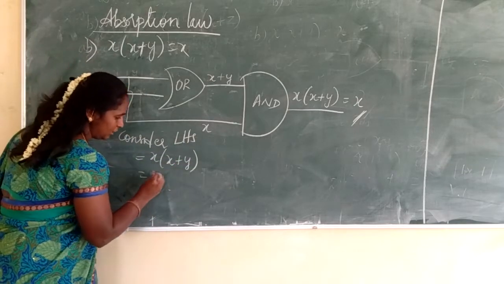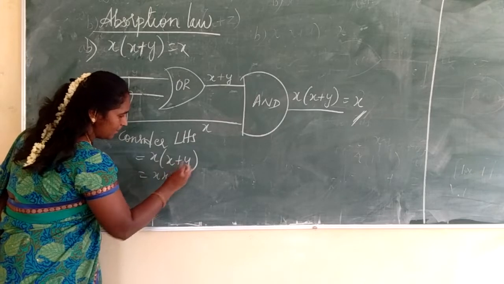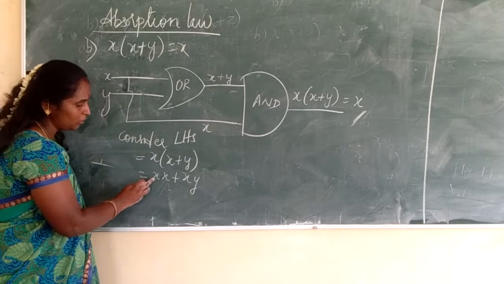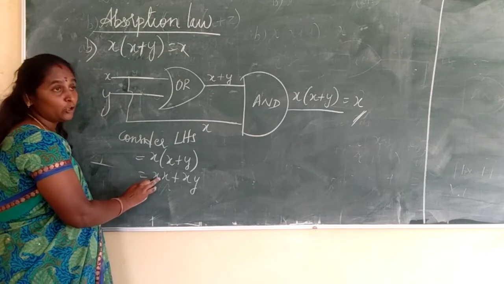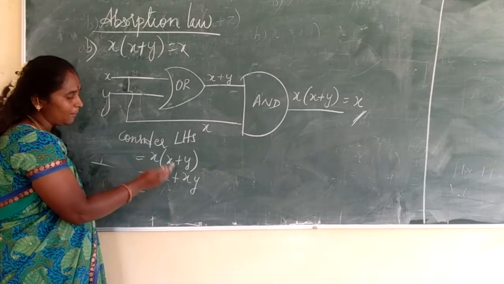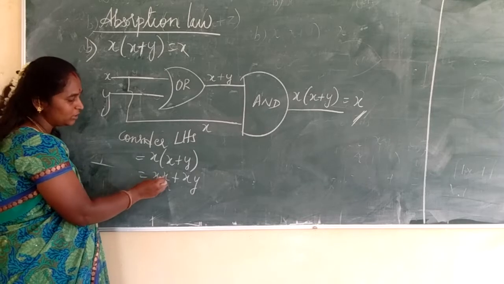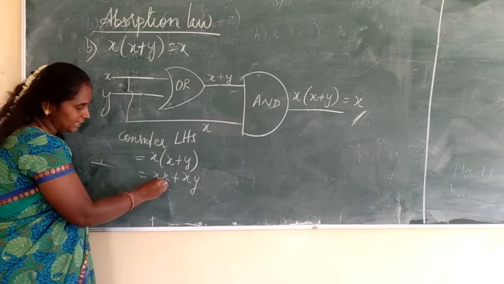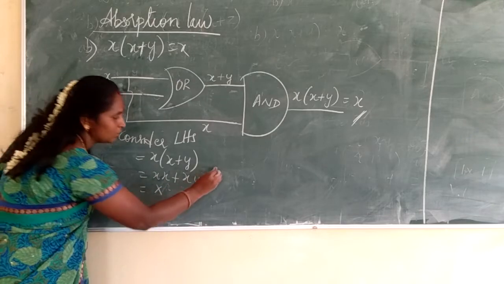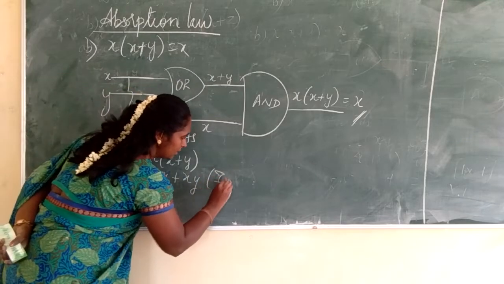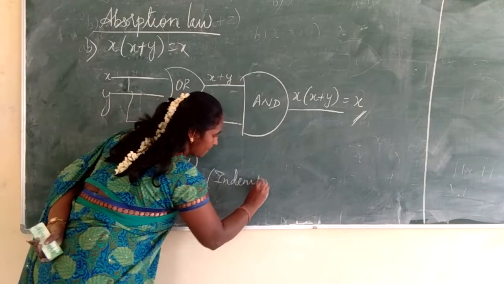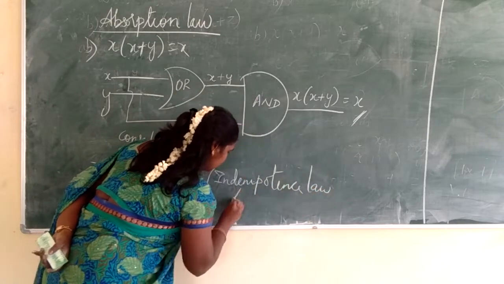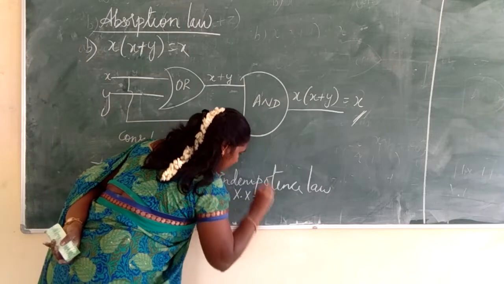Just multiply: x into x is x, plus xy. I have already taught you in the idempotence law that a variable combined with itself using an AND or OR operator gives the same result, x. Using the idempotence law, x dot x is equal to x.